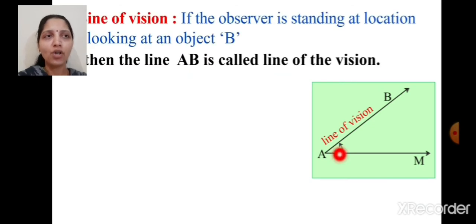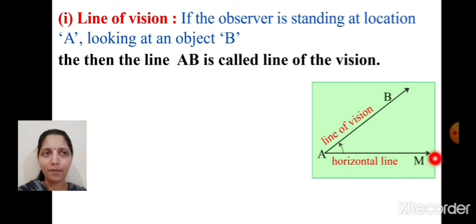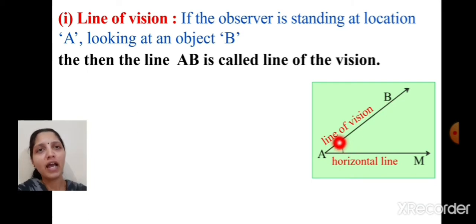So here I have drawn angle BAM. In this angle, segment AM is the horizontal line and point A is the position of the observer. Now if the observer is standing at point A and looking at the object B, if you join these two points, whatever segment is made here is called the line of vision.